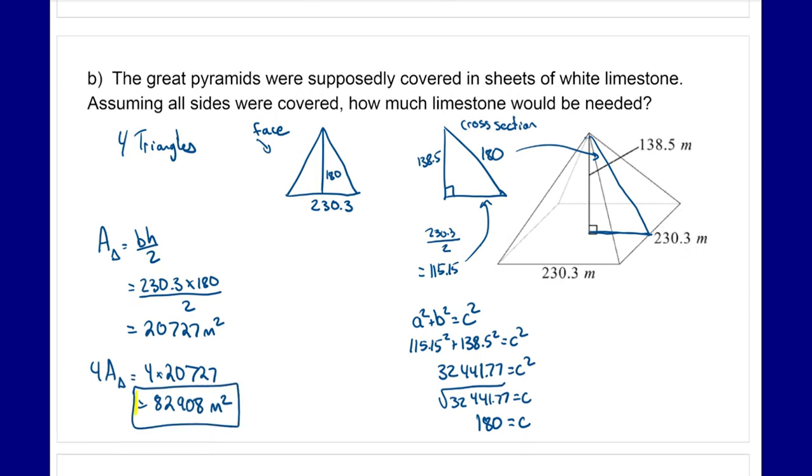And this is the area that I'm looking for. So that is how much limestone would be needed to cover the sides of the pyramid. If I assume that they put limestone on the base, I could just calculate the area of the base and then add it to this area.